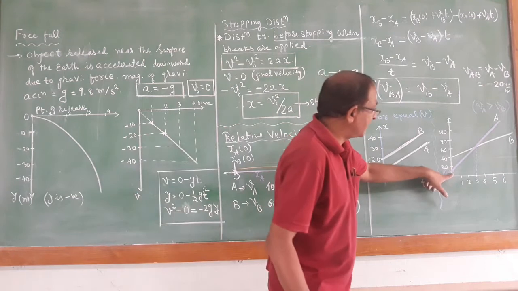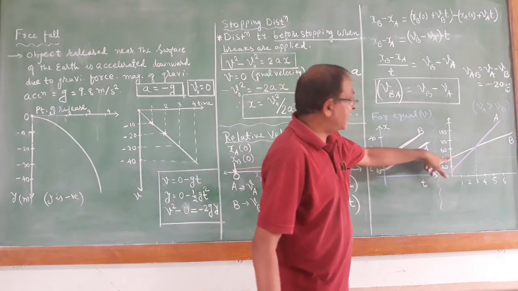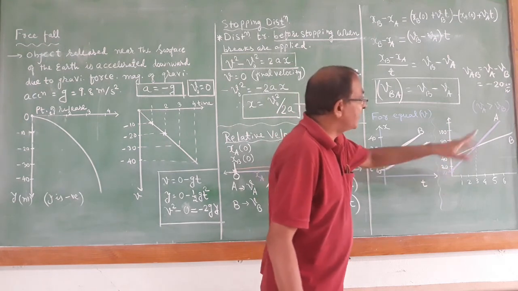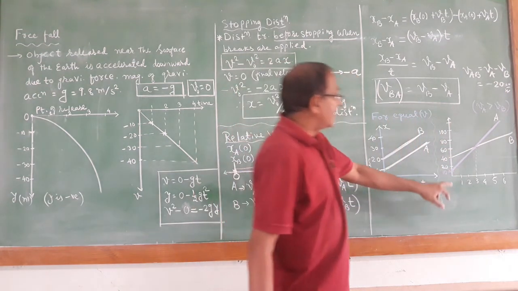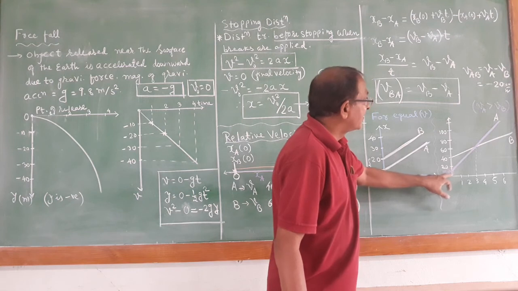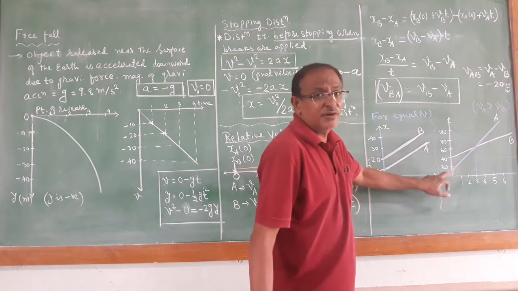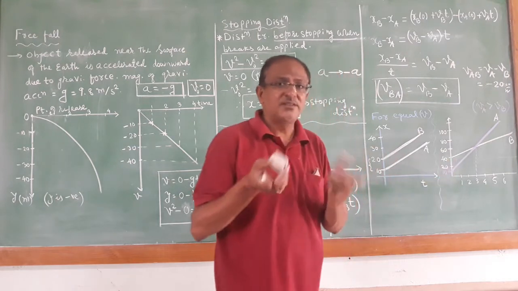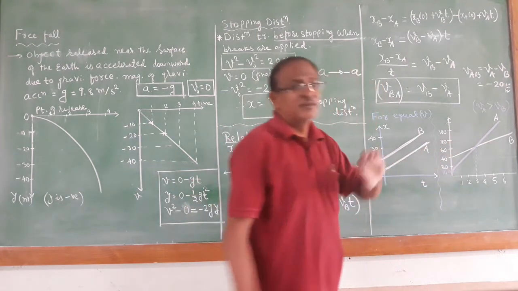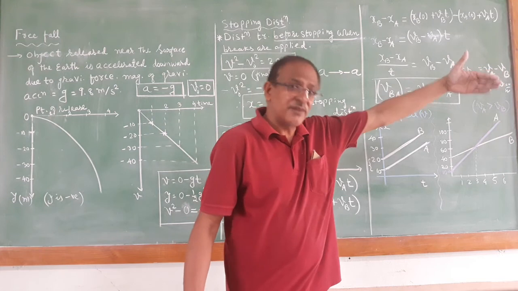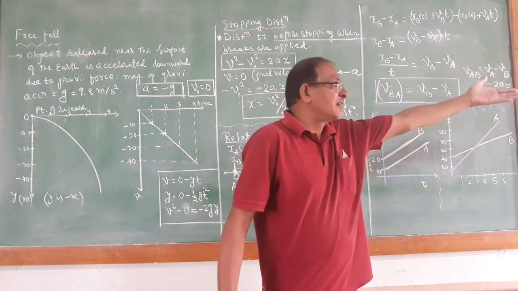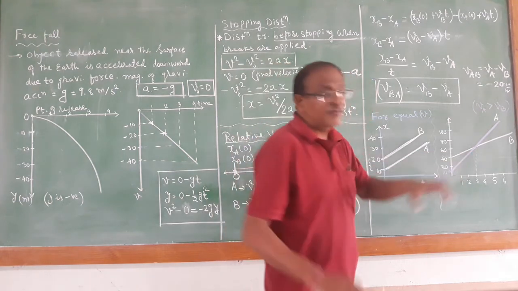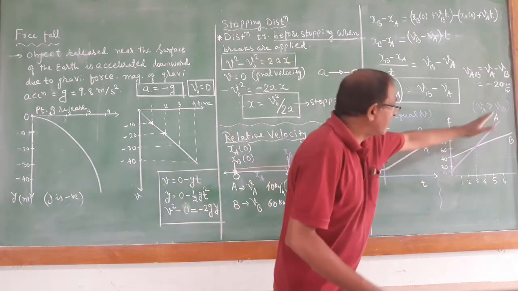So if A is at 10 and he is at 40, and both are moving in the same direction, and my value of velocity is more than that of the other person who was ahead of me, then also after some time I will overtake.